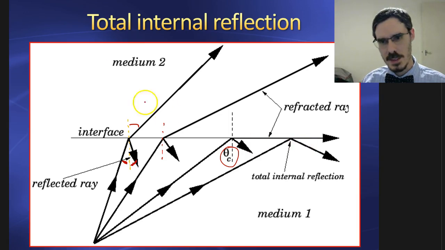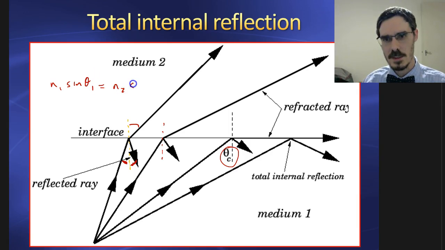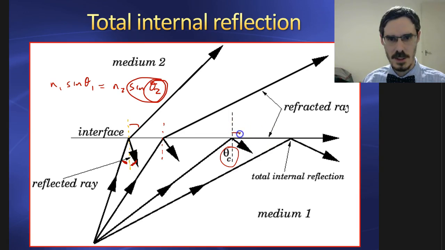My equation was N1 sine theta 1 equals N2 sine theta 2. This happens when this refraction angle is 90 degrees. The refracted ray is 90 degrees from the normal. It goes along the surface.